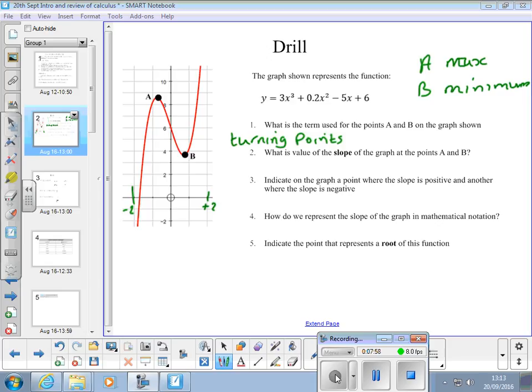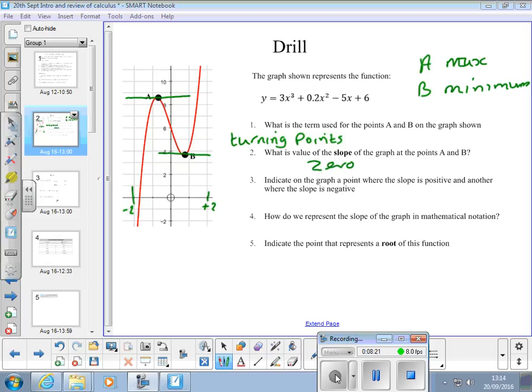It's 0. Yeah, when we talk about the slope on a curve, we're talking about what's the tangent to the curve at that point, and a tangent to those curves at those 2 points would be a straight horizontal line left to right, and therefore the slope of that is 0 in both cases.